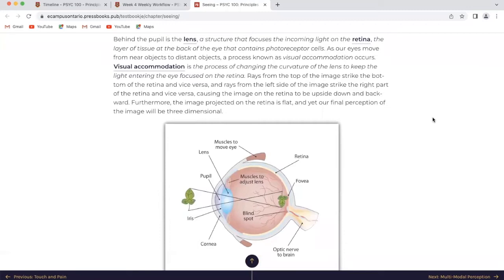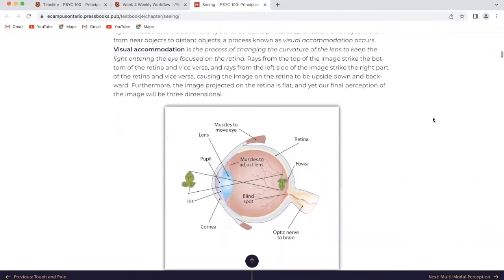As our eyes move from near objects to distant objects, a process known as visual accommodation occurs. Visual accommodation is the process of changing the curvature of the lens to keep the light entering the eye focused on the retina.